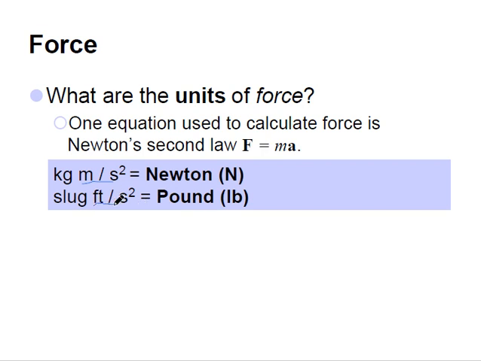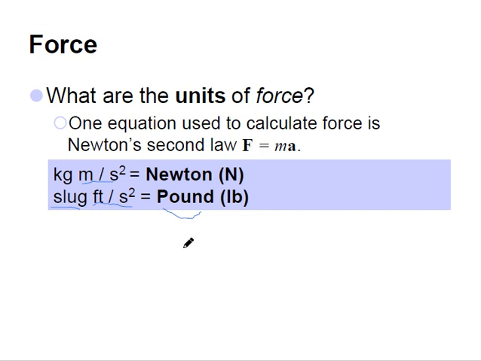That is acceleration, feet per second squared, the acceleration unit, and that is the mass unit, slug. That is your US customary system, and we call it pound. So 1 pound is equal to 1 slug feet per second squared.